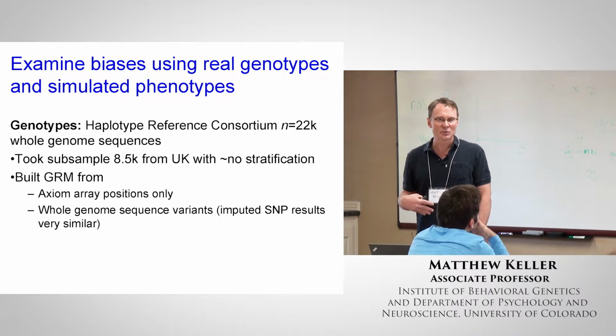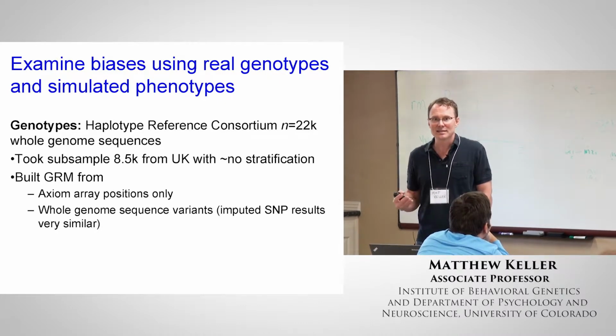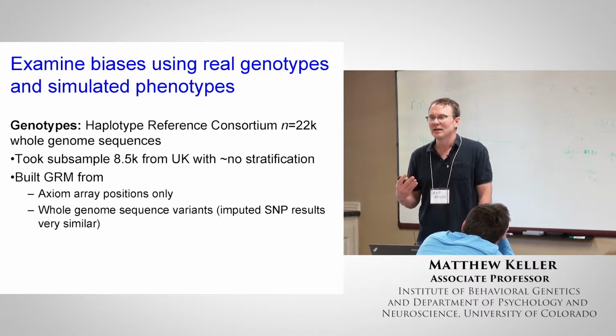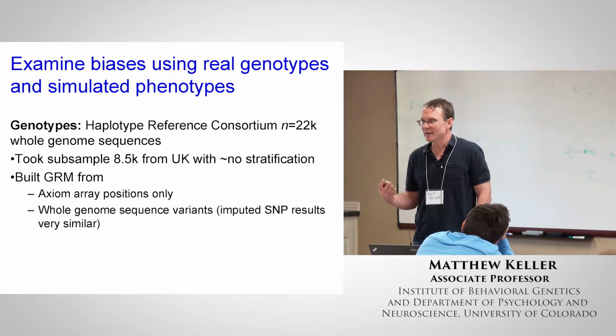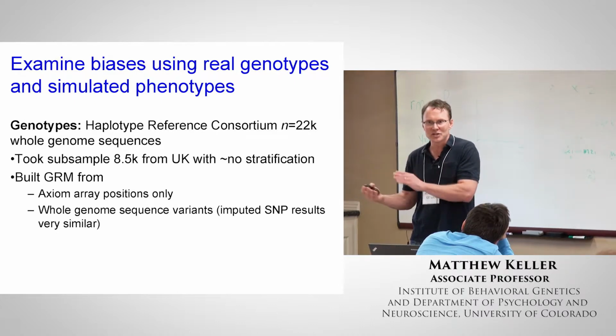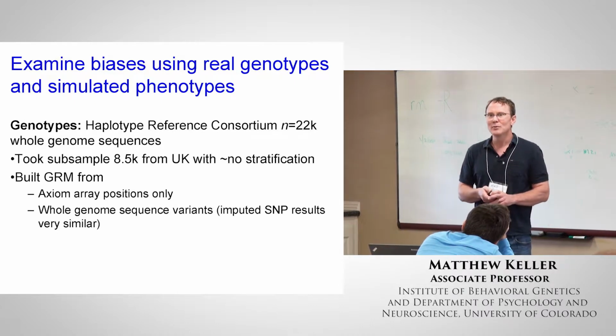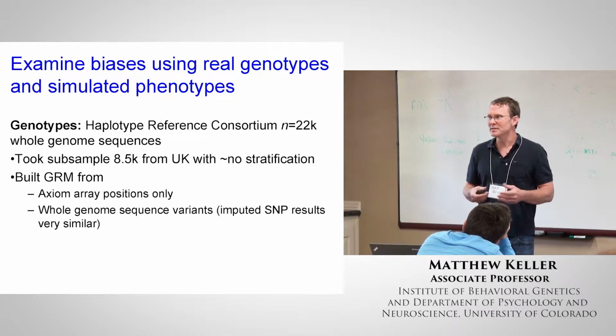From that real sequence data, we play God, in a sense, and we simulate different causal variants of different MAF classes, of different LD, if there's some kind of relationship between LD and the effect size. And then we see what happens across a lot of different methods.